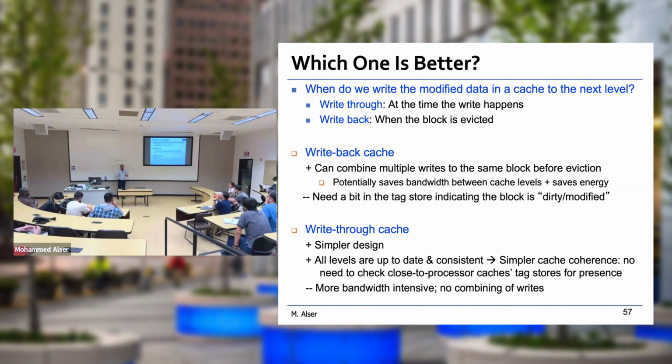Then I really don't have to worry about a lot of write-backs to the DRAM. However, it needs a bit in the tag store indicating the block was dirty or modified. Okay, we'll discuss that. Write through is much simpler, because every time I update, I just push.